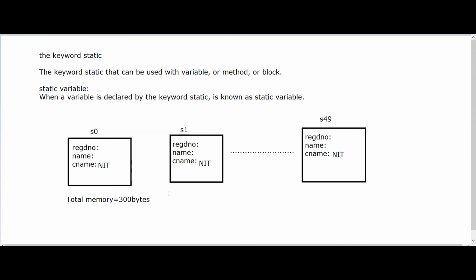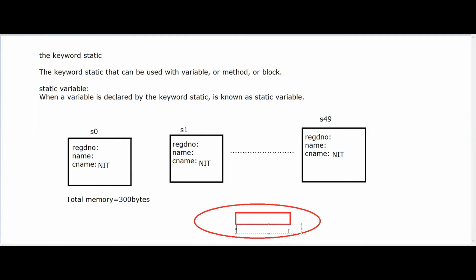If college name is declared as static, then once memory is allocated inside the heap, because it is a string value and strings are object data stored in the heap, one time 6 bytes of memory will be allocated and the value assigned in that memory.